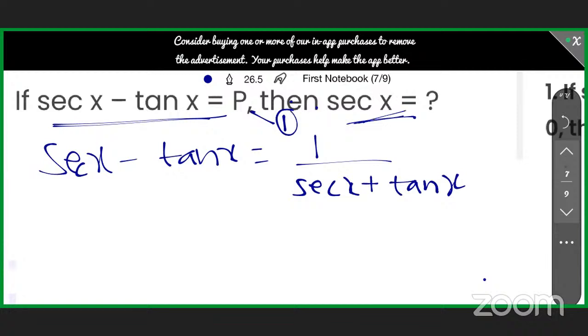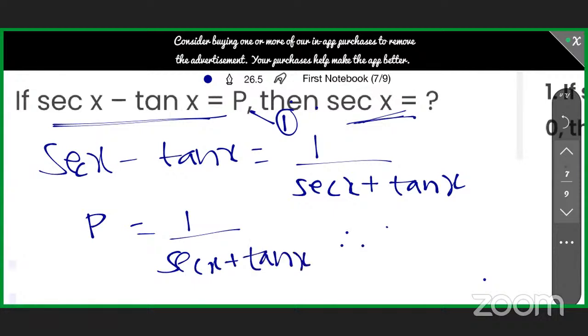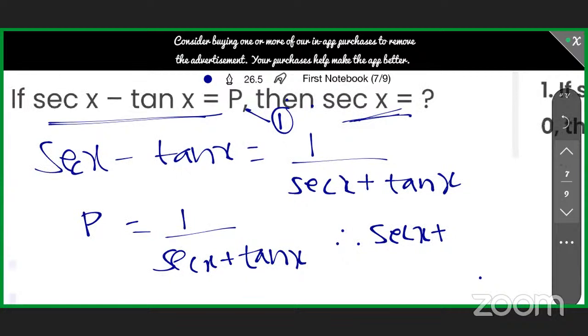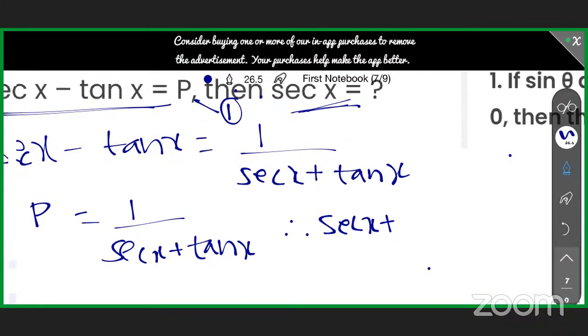Now I know the value of secant x minus tan x is equal to p. So p is equal to 1 by secant x plus tan x. Therefore, secant x plus... Sir, I got the answer, sir. P square plus 1 by p.